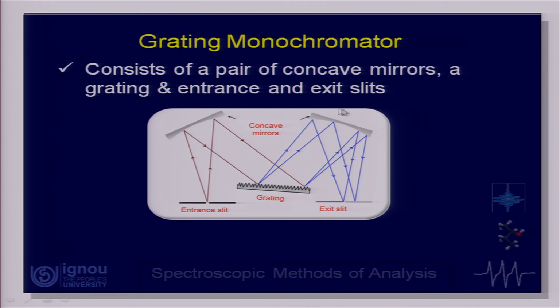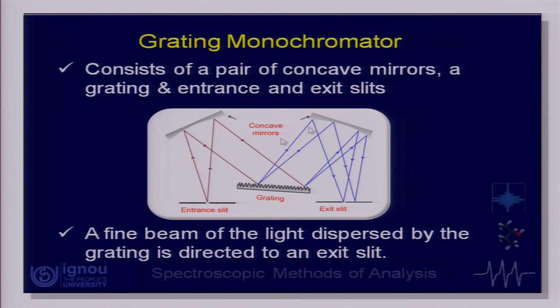You take another concave mirror, and that puts it together onto the exit slit. Here again we rotate the grating in a predetermined way, and as a consequence we get the desired wavelength coming out from the exit slit. That is how a grating monochromator works.